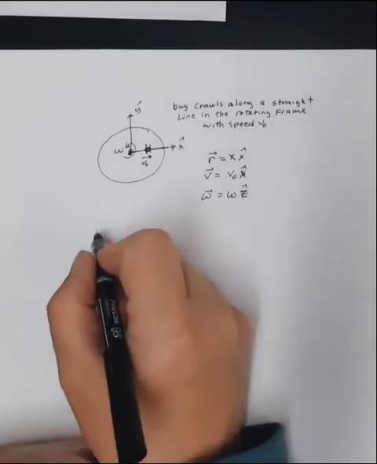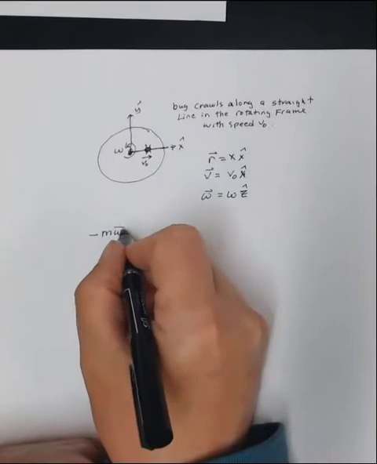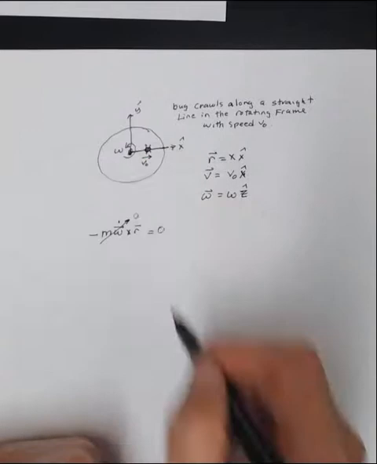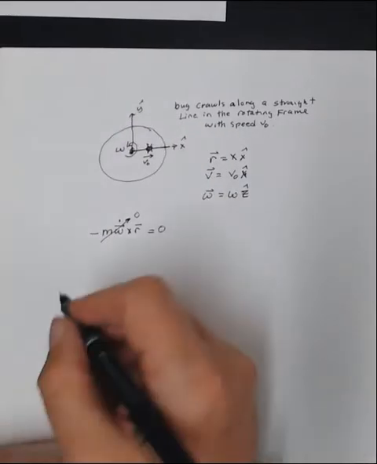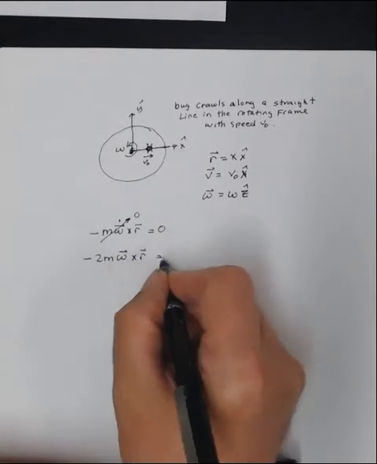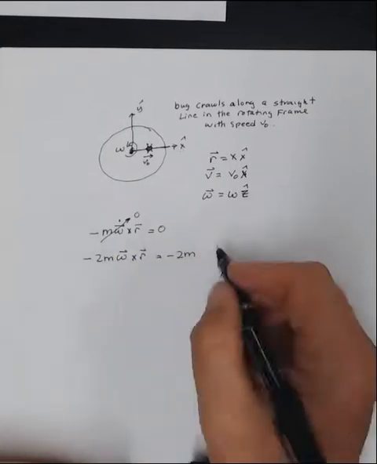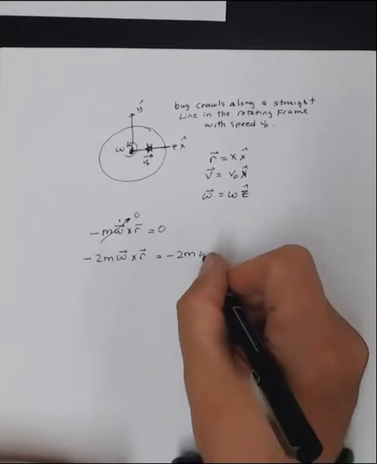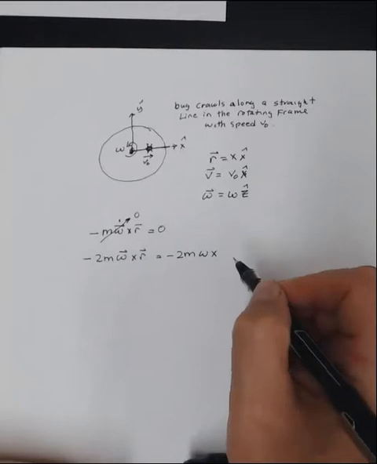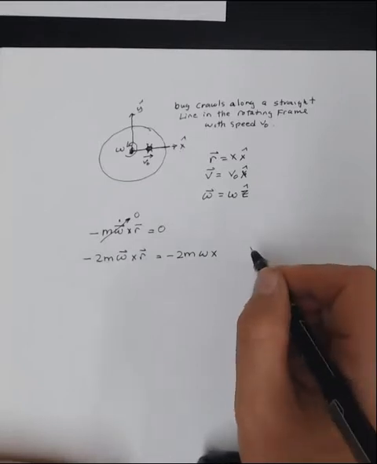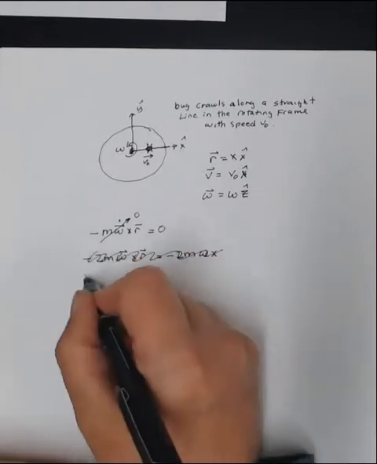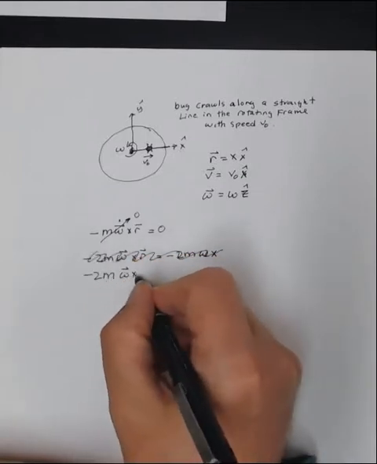Okay, so let's look at the various forces. First of all, this one is 0 because we're assuming omega is constant. So let's look at the Coriolis force. Oh no, I'm sorry, the Coriolis force is omega cross v, right?